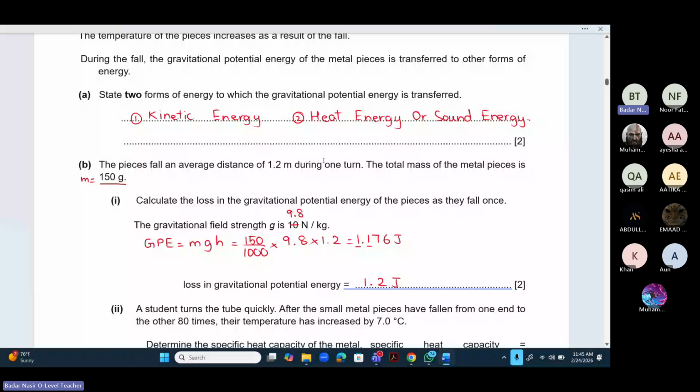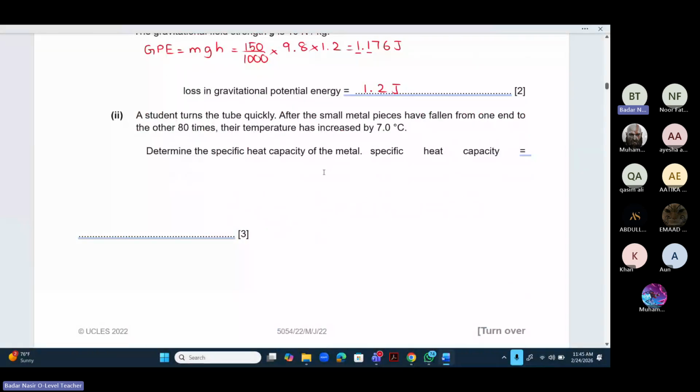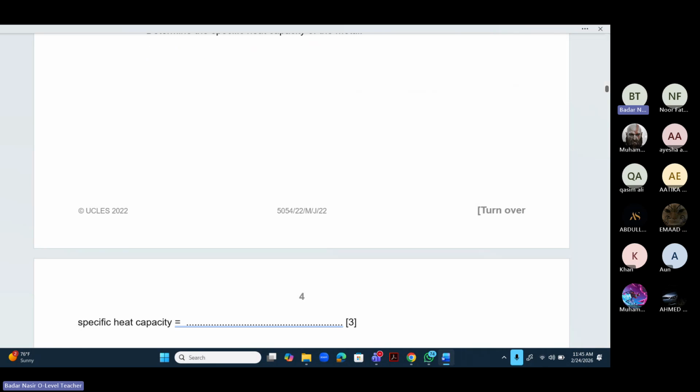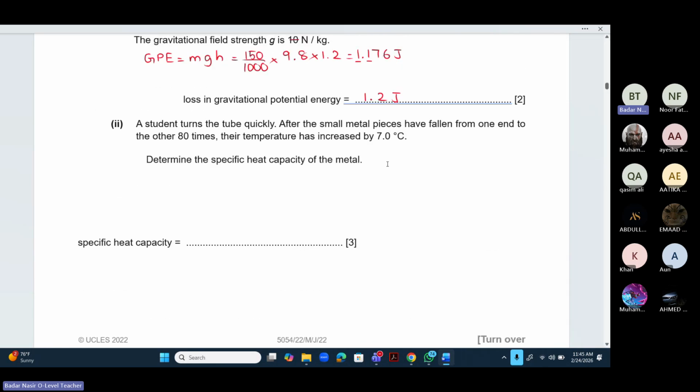Now a student turns the tube quickly. After the small metal pieces have fallen from one end to the other 80 times, their temperature has increased by 7 degree Celsius. ठीक है? Determine the specific heat capacity of the metal. So we have to calculate the specific heat capacity of this metal. अब देखो, specific heat capacity के लिए we have studied this formula.